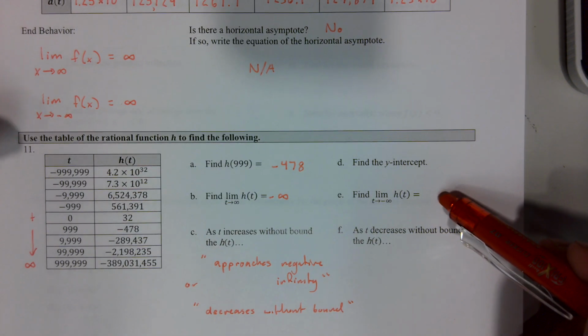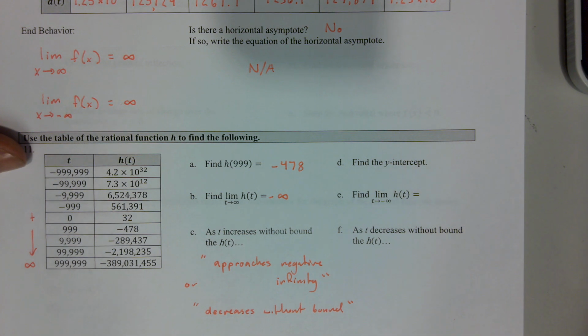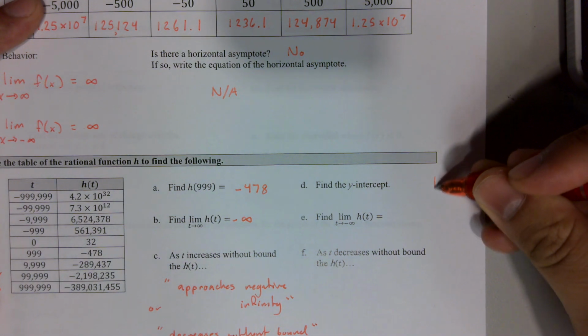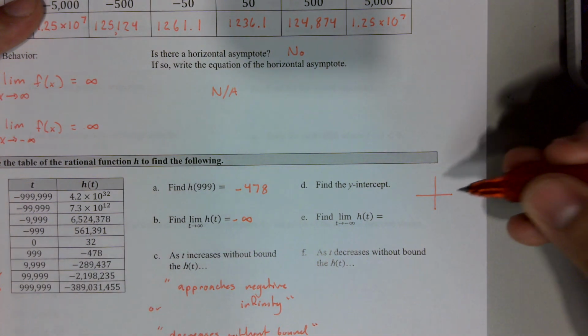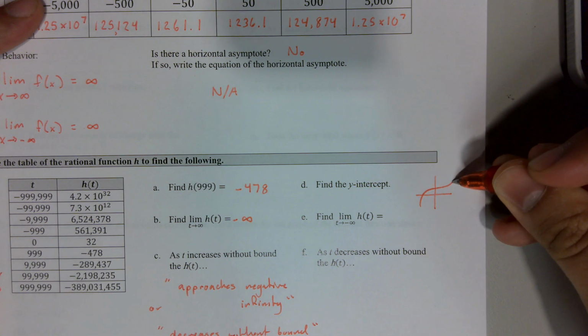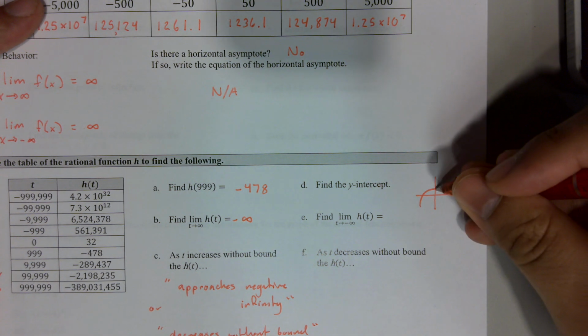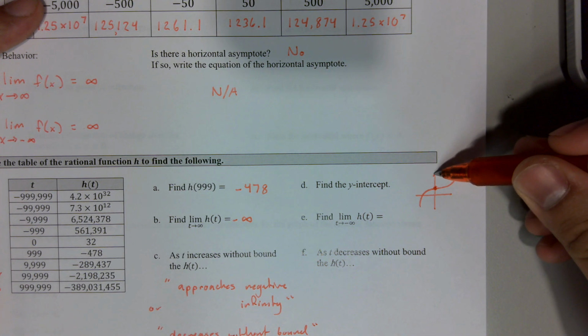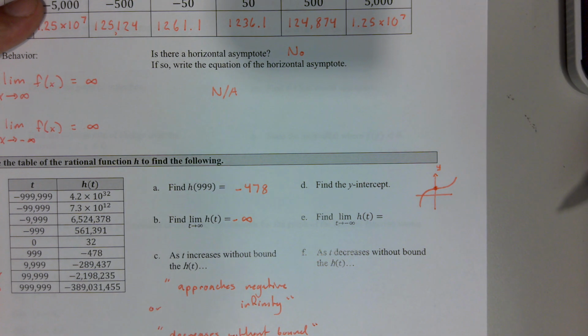Now what about the y-intercept? So the y-intercept is, if we look at a function, if we have an x and y axis like this, and we have some function that's just doing its thing, the y-intercept we would say is right here, where our function touches the y-axis.